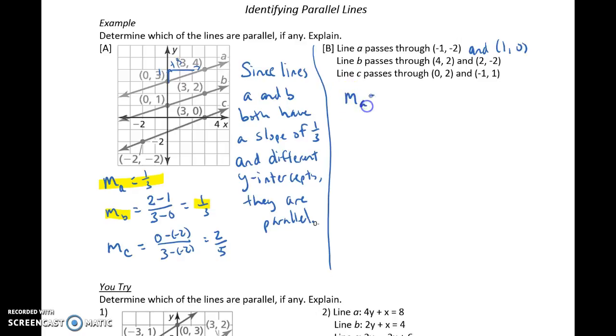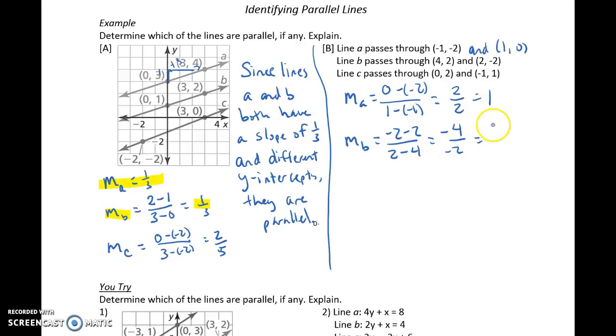So again, use y2 minus y1 over x2 minus x1, and then simplify to see what we get. I'm going to get 2 over 2, which is 1 for A. And then for B, y2 minus y1 over x2 minus x1 gives me -4 over -2, which is a positive 2.